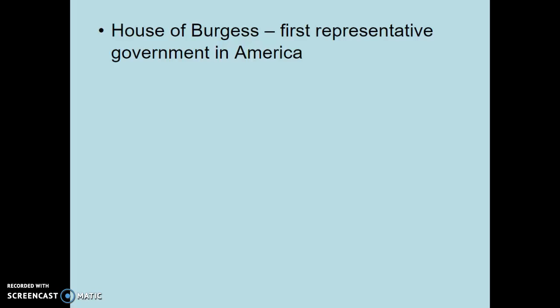So they created a representative government, and this becomes the basis for our Congress today. So these are pretty big deals. I know I'm going through them pretty quick, but these are pretty important things that have happened in the past. And you'll learn a lot more about this when you get into high school and take civics.